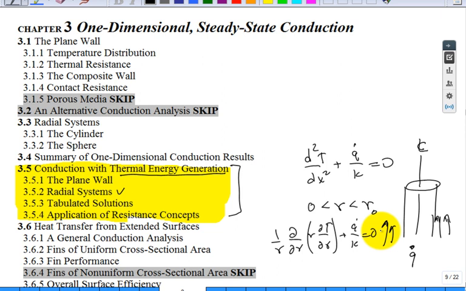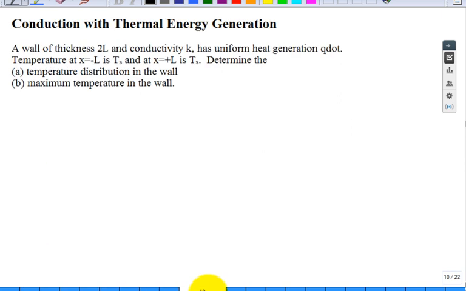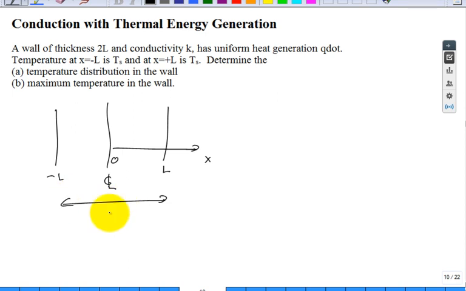All right. So the same thing with the cylindrical. Let's press forward on this. So you just got to start doing it. So if I have a wall of thickness 2L, usually we put at the center line or the middle point, that's where X is equal to 0, and then L, and then this is minus L, hence the thickness is 2L.